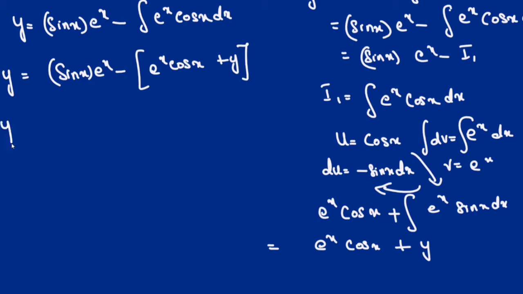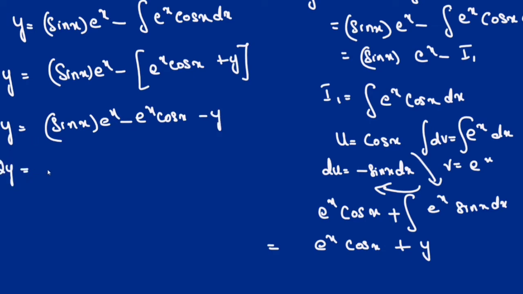So y is equal to sin x e power x minus e power x cos x minus y. So you can take the y here, so it will become 2y. So 2y is equal to sin x e power x minus e power x cos x plus the constant c.